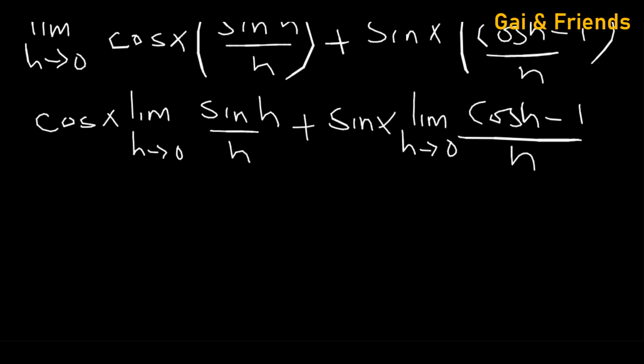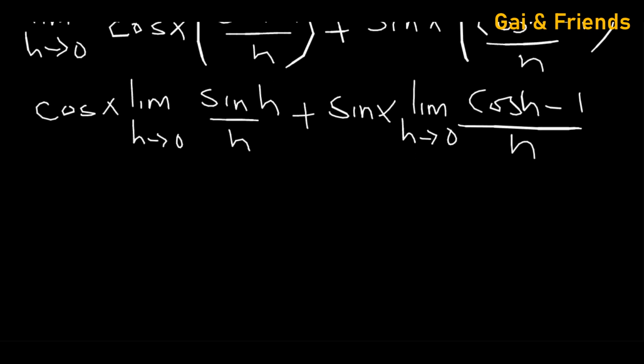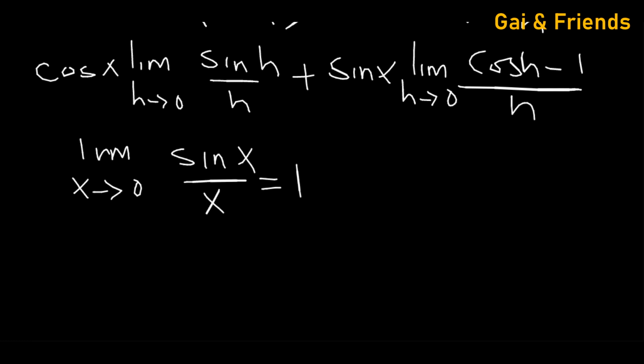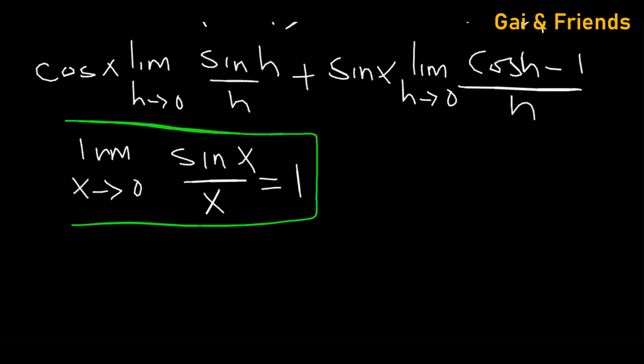So here you also need to remember some very important trigonometric identities. The first identity is that the limit as x approaches 0 of sine x over x is equal to 1. This is the first identity that you should know by now.